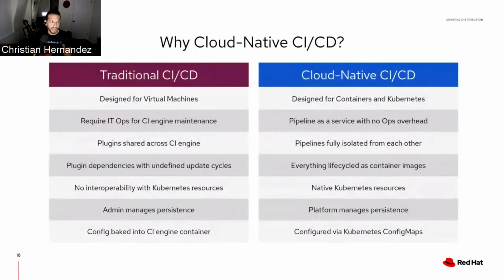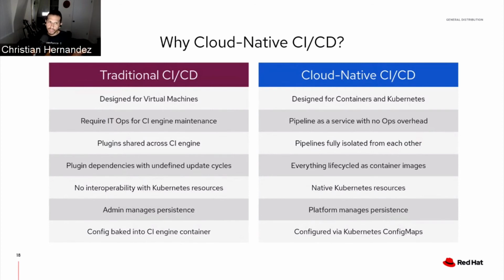So this is kind of different from the traditional CI/CD. I hate using that word traditional because it's still a valid way of doing it, but comparing it to cloud native, you do have a lot of tech debt when you're talking about CI/CD, because it's designed for virtual machines.